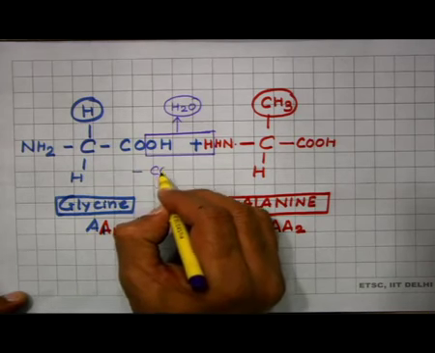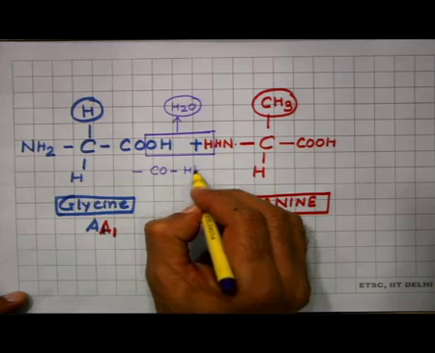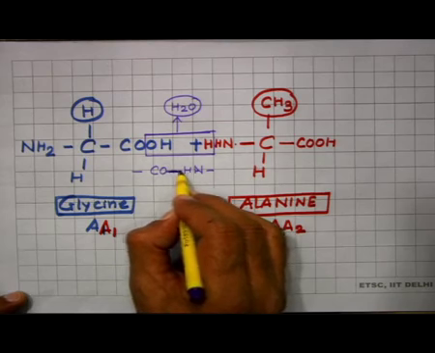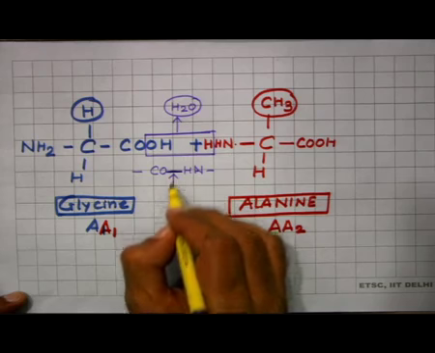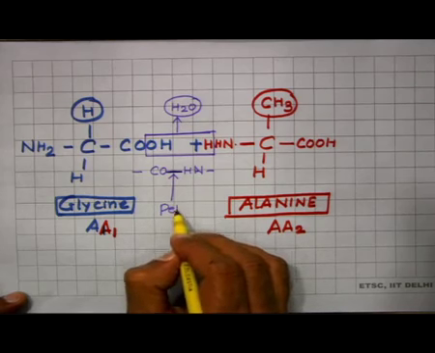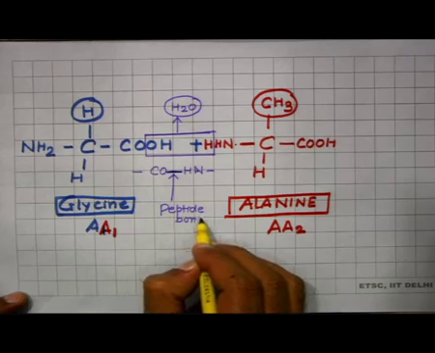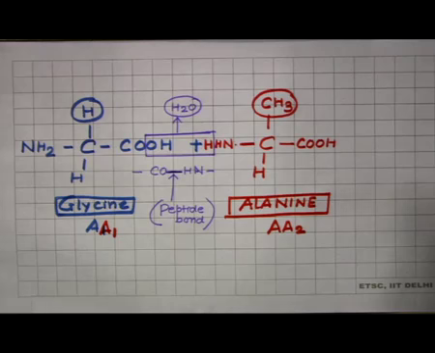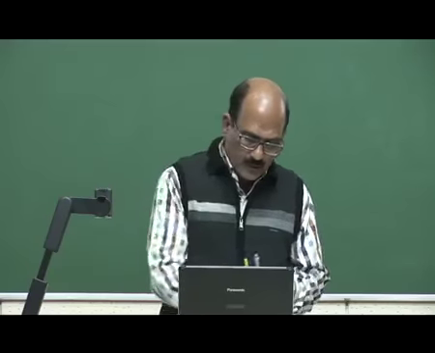This bond is of this type, CO-NH. After the removal of water, this bond is called the peptide bond. Okay. Now, we can write this structure in a similar way and name it.